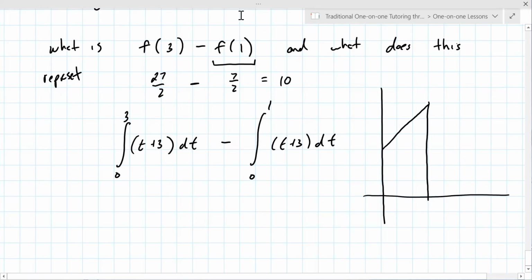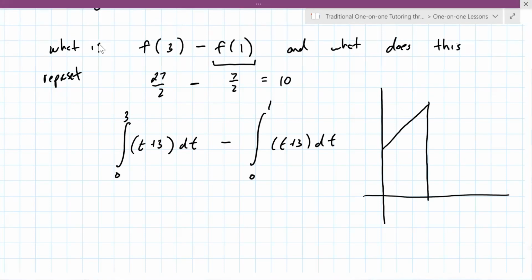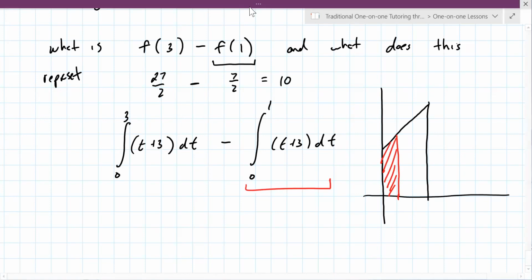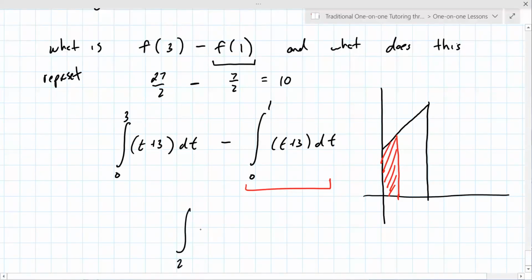That's the area you just found. And then from 0 to 1, it's like that. So if you subtract out the area, what's left over? So this one's in red. The trapezoid? Yes, it's a trapezoid. It's the integral from 2 to 3. And that's what they're looking for here. It's actually the area from 2 to 3.